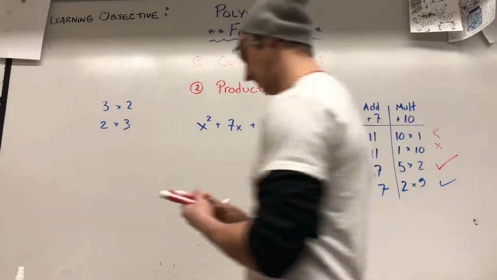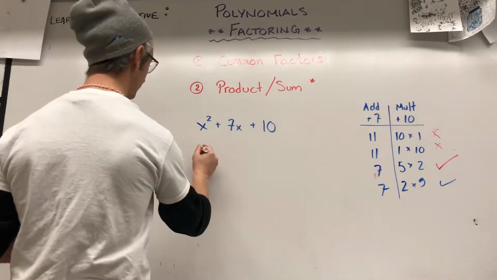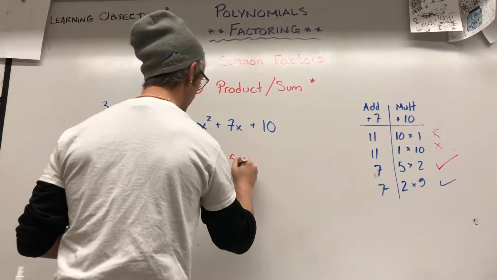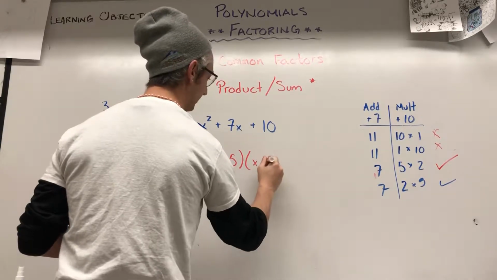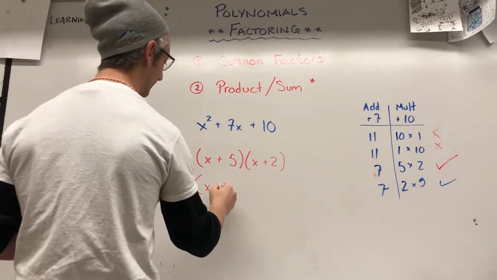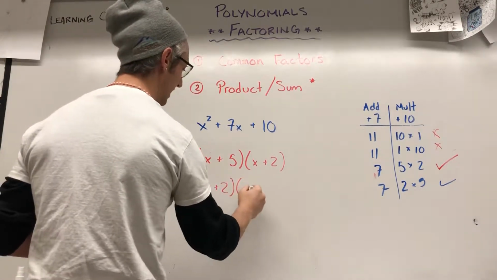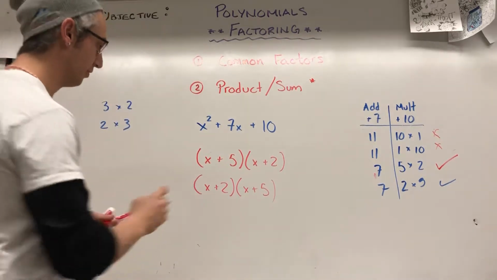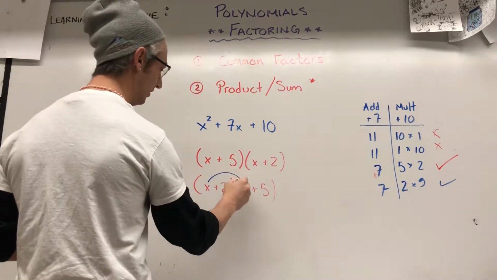So I can write this as x plus 5 times x plus 2. Or I could write it as x plus 2 times x plus 5. And then when I go through and do the multiplication, I'll do it on this one here.